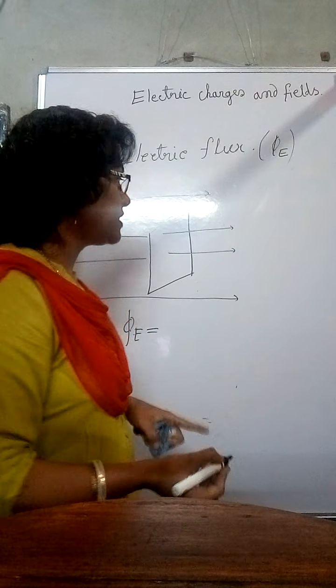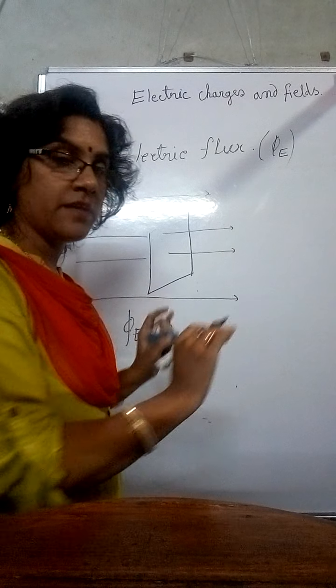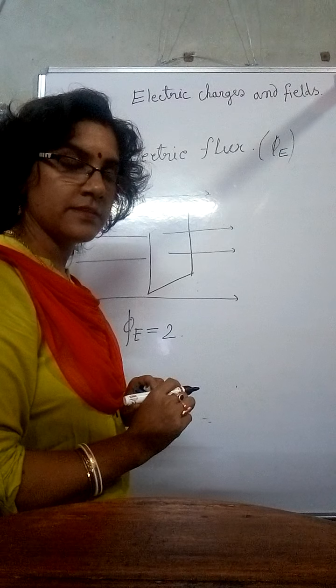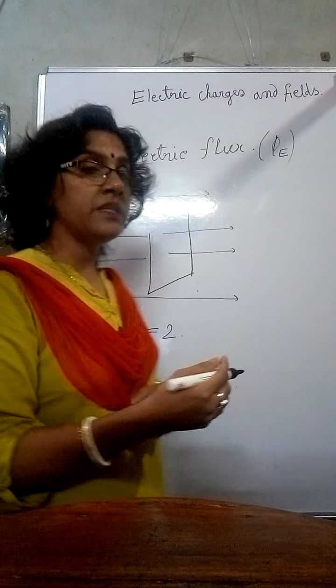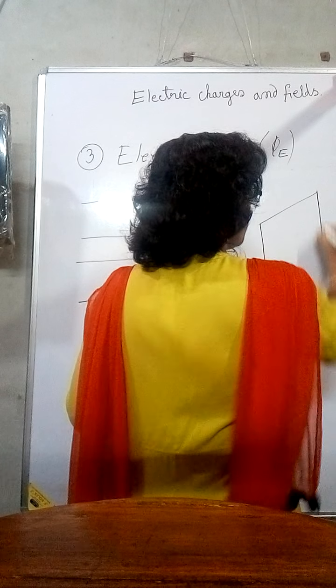That is how many lines of force pass through the plane surface, that is the electric flux. Now if the strength of the electric field is increased, the number of lines of force will also be more, so the number of lines passing through the surface will be more.